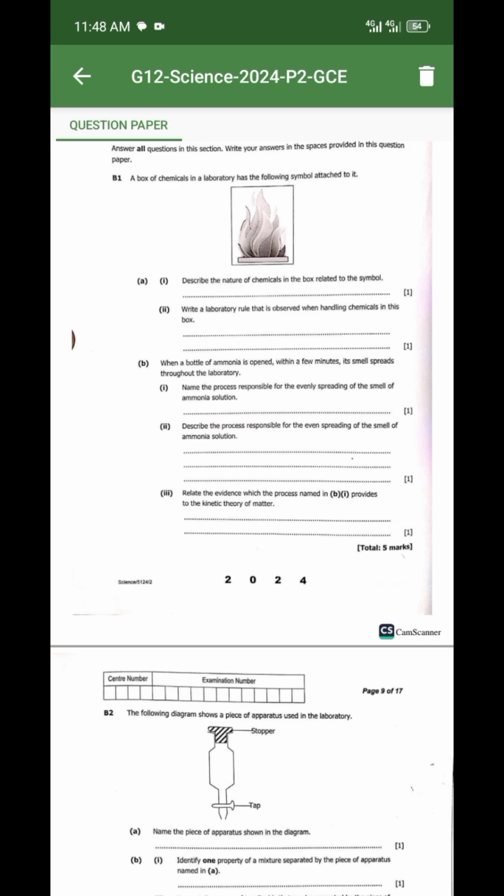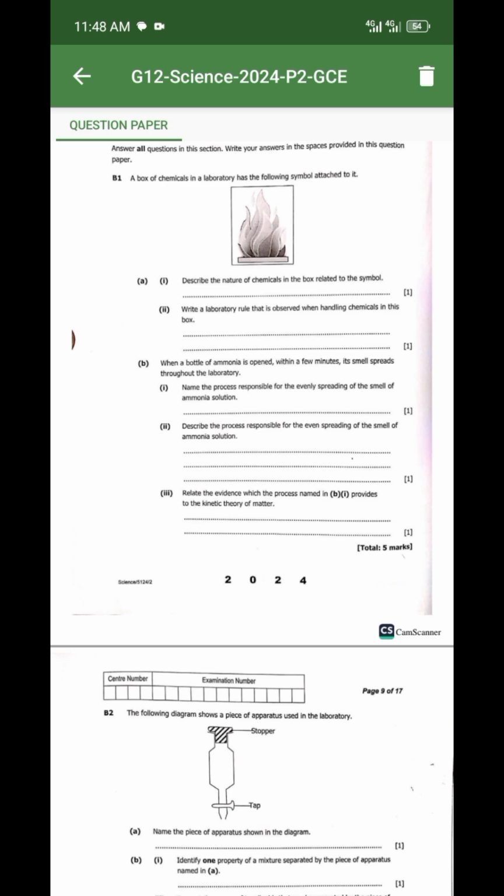So the process that moves those particles from a region where they are being produced to a region where they were not produced is what is known as diffusion.